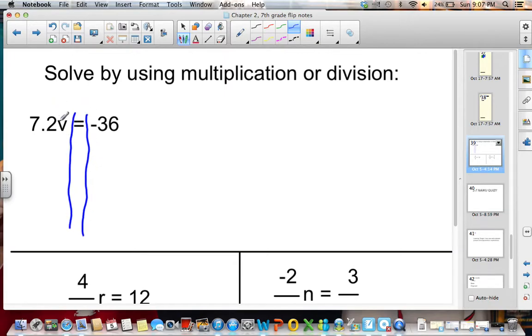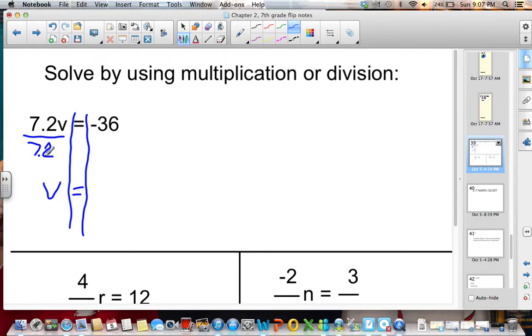This time I see that v is being multiplied by 7.2 because anytime there's a number with a letter, that means multiplication. So since we're multiplying, we're going to do the opposite, which is dividing, because I'm always trying to get rid of that number. So that's why I'm undoing it, or I'm doing the opposite, so it leaves me alone with my variable.